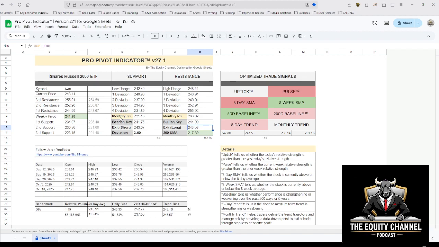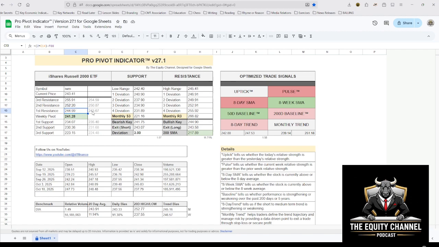Now, on the swing trade side, let's start from the left and work our way to the right. Number one, I break out above the first resistance or below the first support. These become swing trading opportunities where I can swing this towards the second resistance or second support.